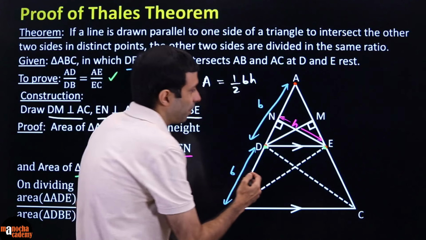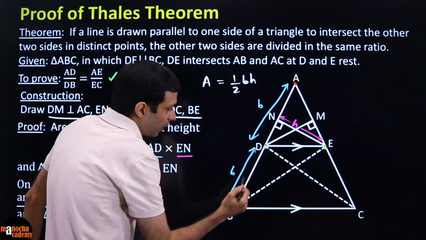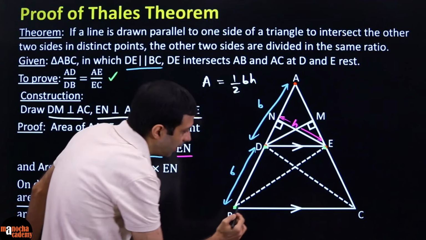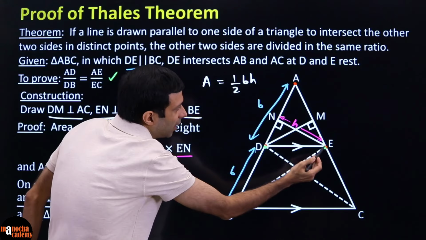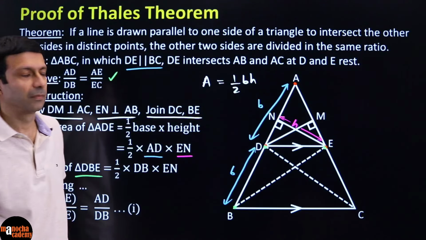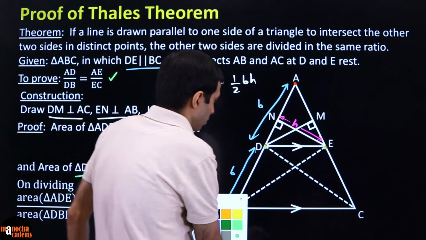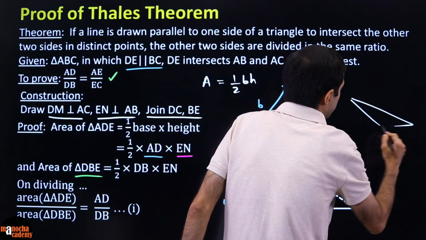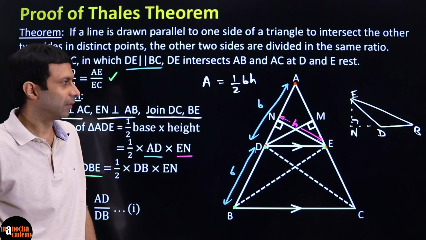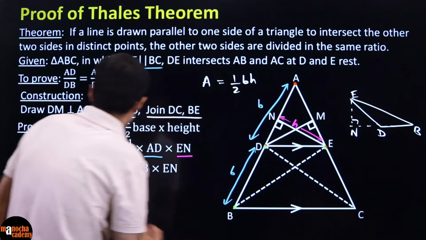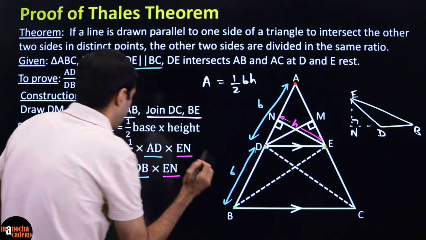Please remember that perpendicular height need not be inside the triangle, it could lie outside. So do you guys agree, if DB is the base, then the perpendicular height is EN. It is that same line which is outside the triangle. So please visualize it like this. If this is my triangle DBE, the perpendicular height can be outside. This is the height EN. Okay, so again I am going to substitute. The area of triangle DBE is going to be half the base DB multiplied by the same perpendicular height EN.